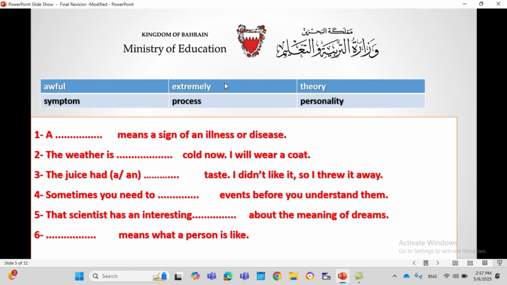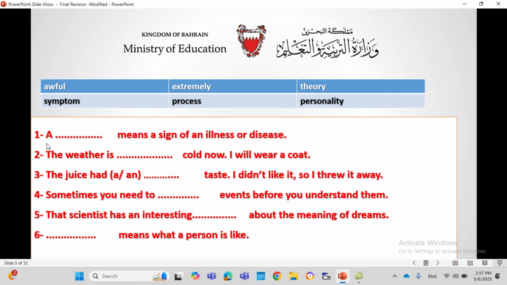So these two words must be crossed out. We have theory, symptom, or personality, and as you know, process here is a verb and not a noun, so we can choose among these three choices: theory, symptom, or personality.